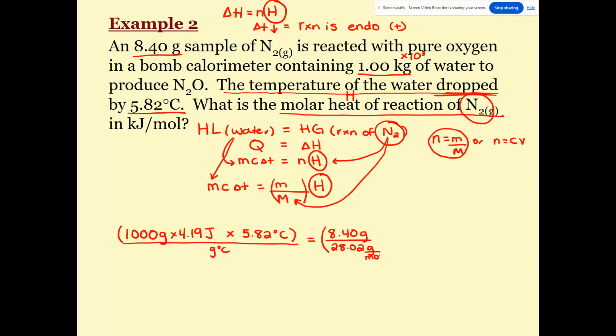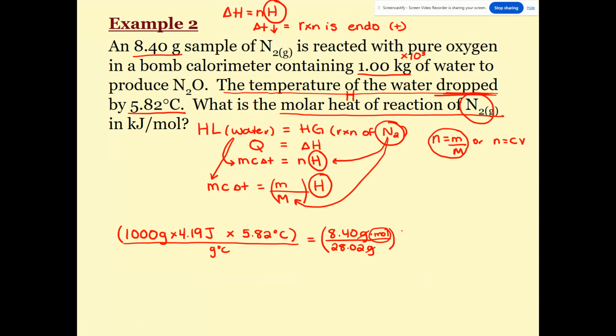And remember again, I like to remove the mole from the bottom and put it on the top. Because when you have a denominator in the denominator of a fraction, it actually becomes part of the numerator. That just makes it easier for me to see how my grams cancel and I'm left with moles. Okay, because whatever you're left with should always be on the top of the fraction.